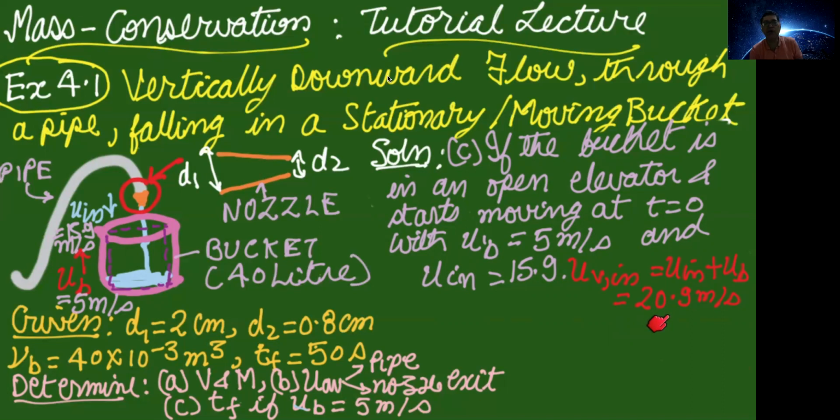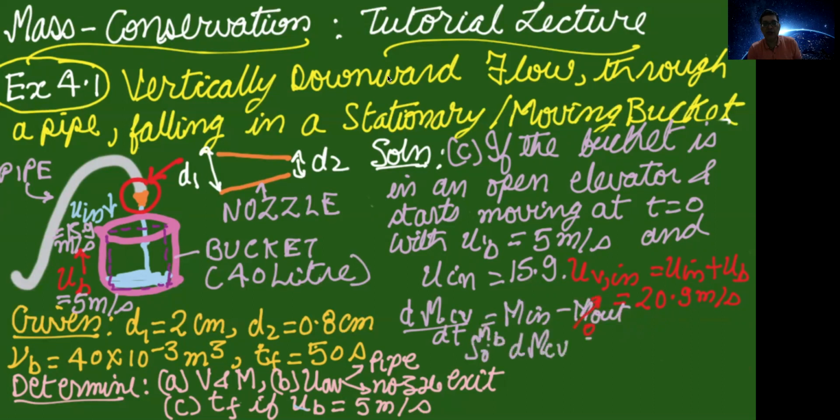Now, when we have to calculate the mass flow rate, we multiply this velocity with the density of the water and the cross-sectional area pi by 4 d2 square. So we use the formula corresponding to mass conservation, where the rate of change consists of two components: the rate of change of mass stored inside the control volume, which is given here as dm_CV by dt.